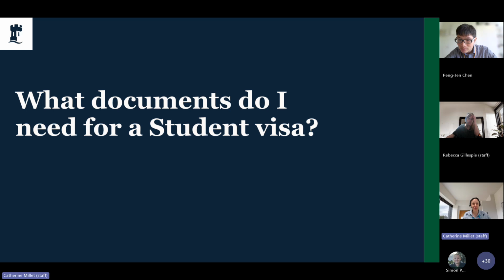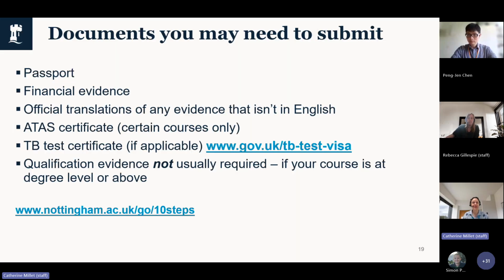So we've spent a lot of time talking about financial evidence because it's really important. It's the most complicated to understand, and it's the area where there are more visa refusals. So this is why we like to spend a lot of time on that.